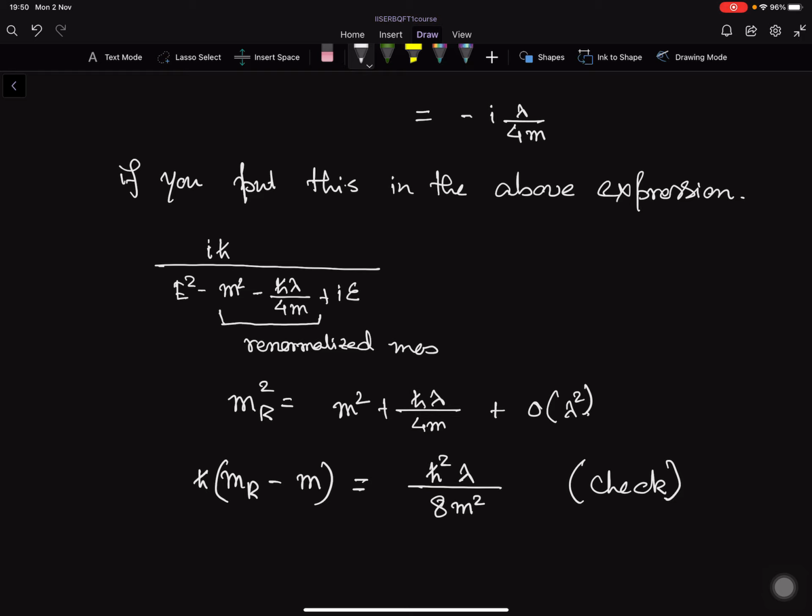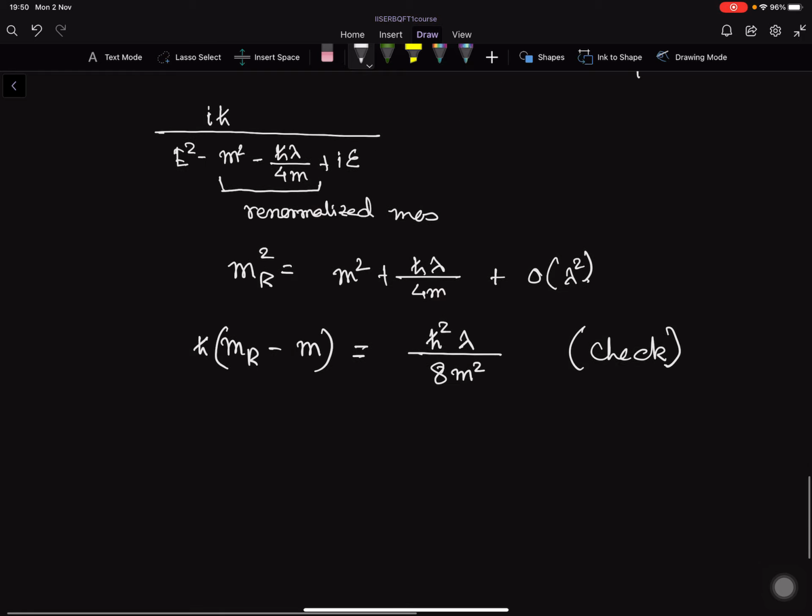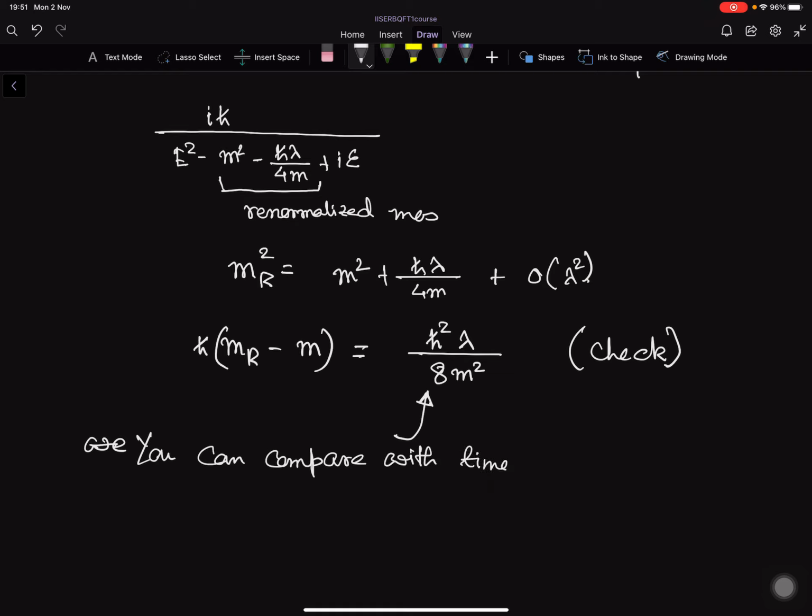Okay, and this thing you can compare with time independent perturbation theory.